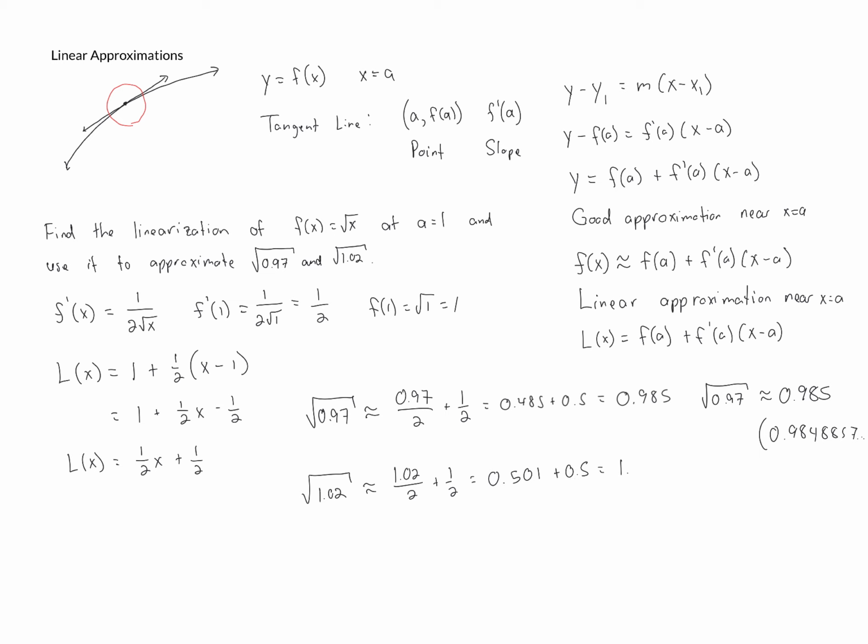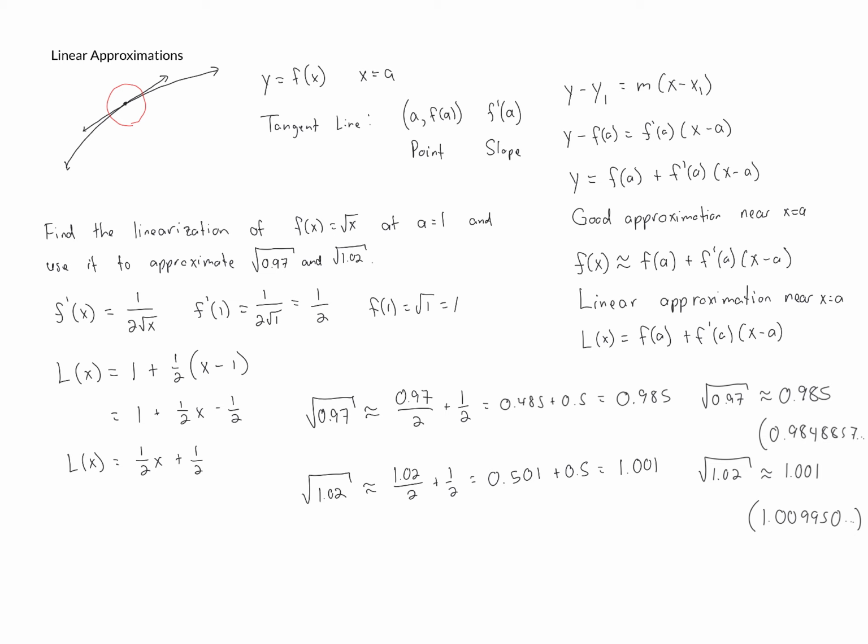So it's going to be 1.001. And that tells us that the square root of 1.02 is approximately equal to 1.001. And when we use a calculator, we get 1.009950. And again, this is correct to the nearest thousandth.